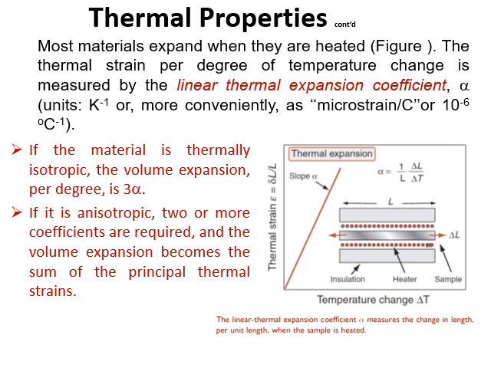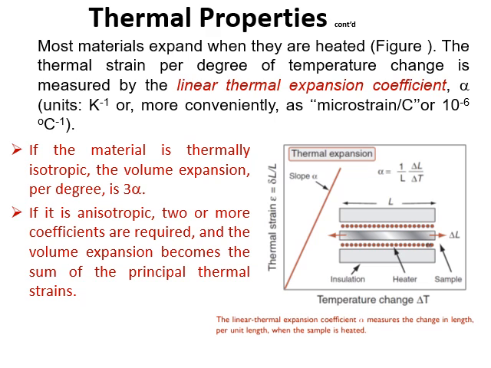As you already know, when a material is heated, the atoms or the molecules inside the material will vibrate, and this might cause the material to expand. The thermal strain per degree of temperature change is measured by the linear thermal expansion coefficient alpha, in unit Kelvin minus 1, or you can use microstrain per Celsius.